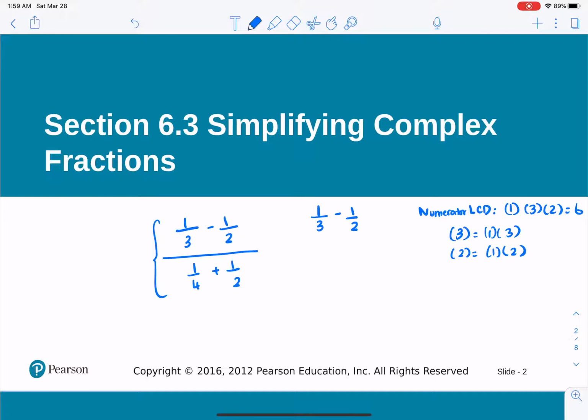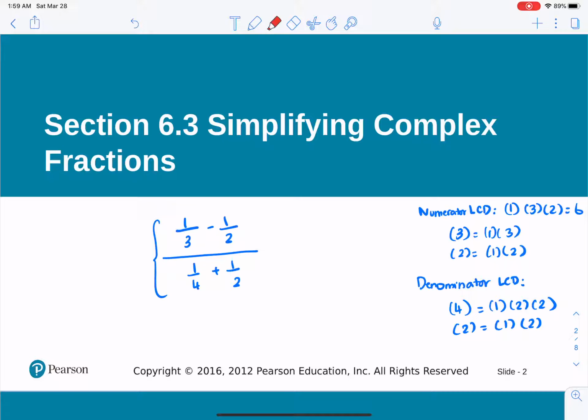The denominator is 1 over 4 plus 1 over 2. So we want to find the factors of 4, which is 1 times 2 times 2, and the factors of 2, which is 1 times 2.